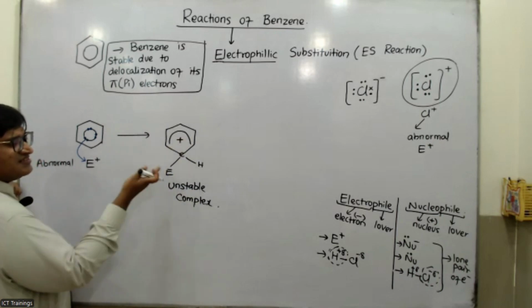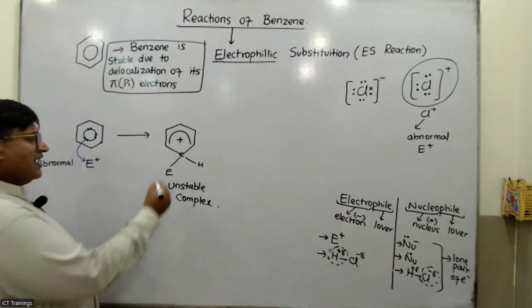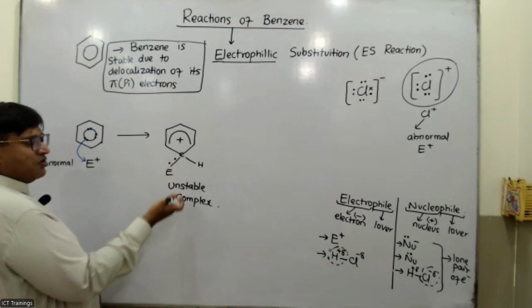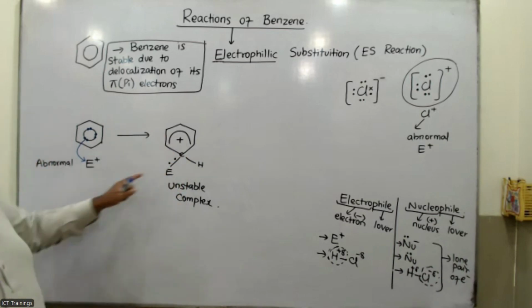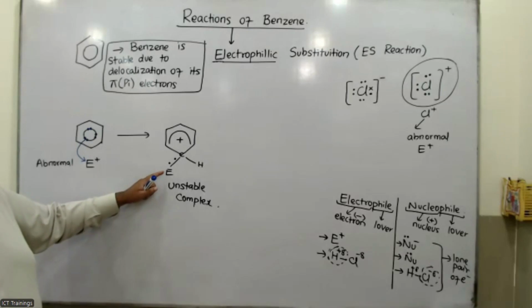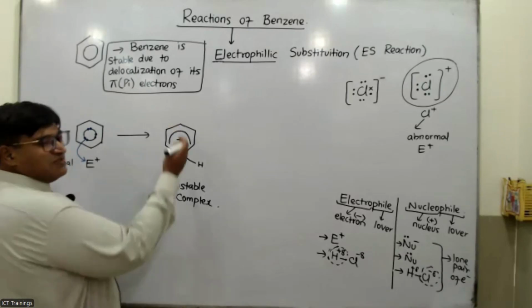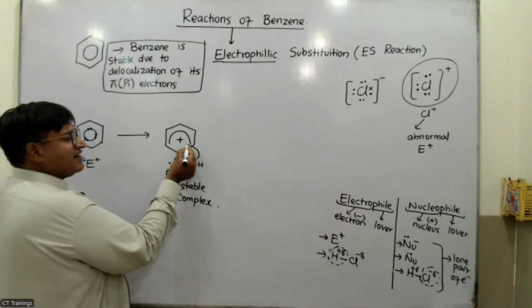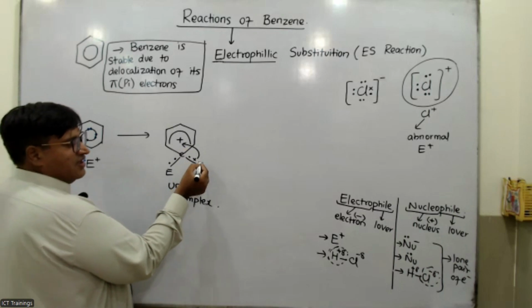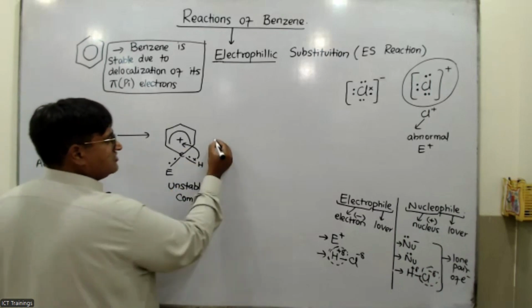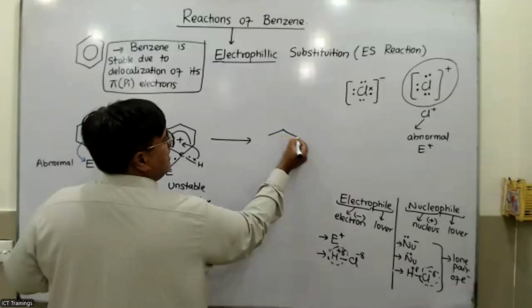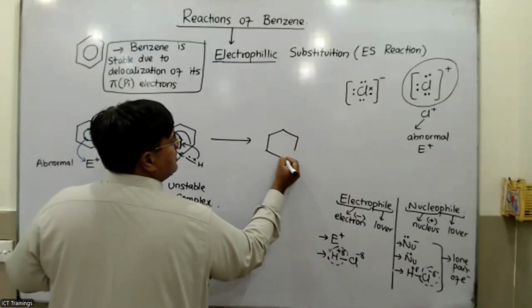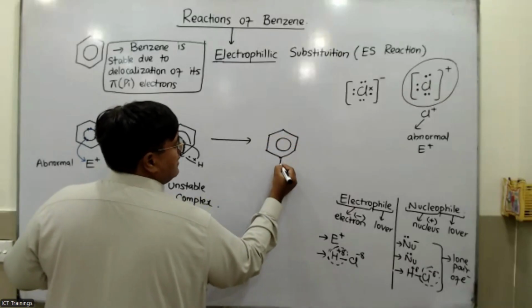So the benzene says to the electrophile, see man, I have given you electrons, but now I have become unstable. You know the electrophile is mad. He says, what should I do? So what does this benzene do? It snatches the electron of this hydrogen, because hydrogen is very innocent. So the ring is completed again like that.